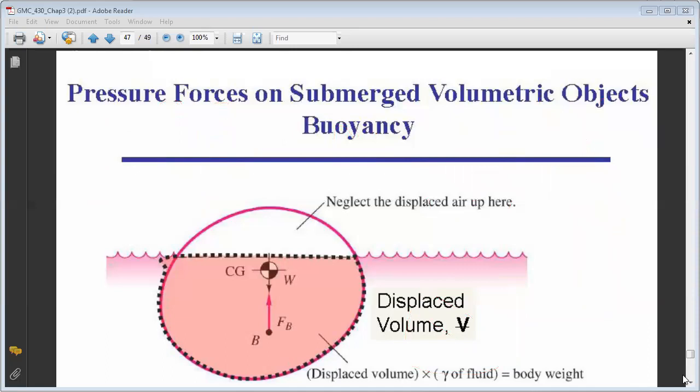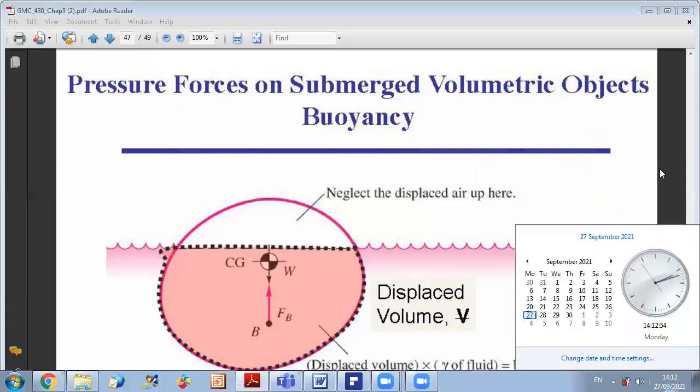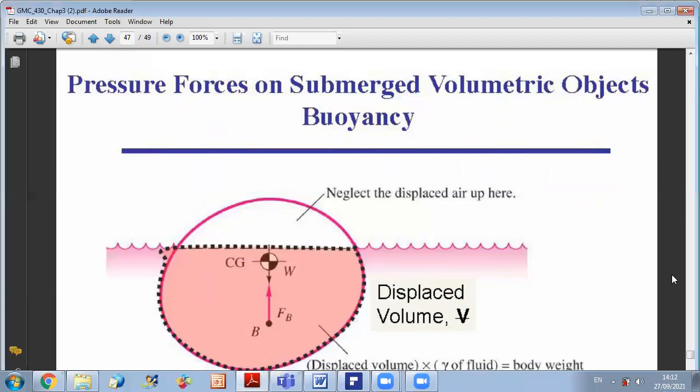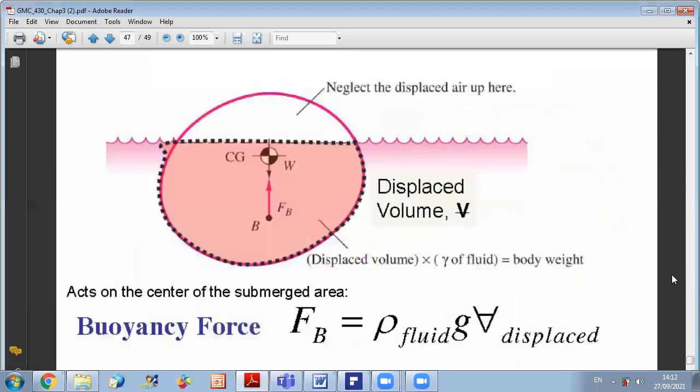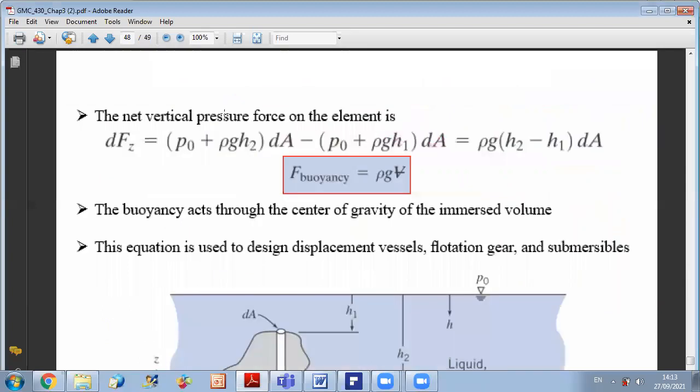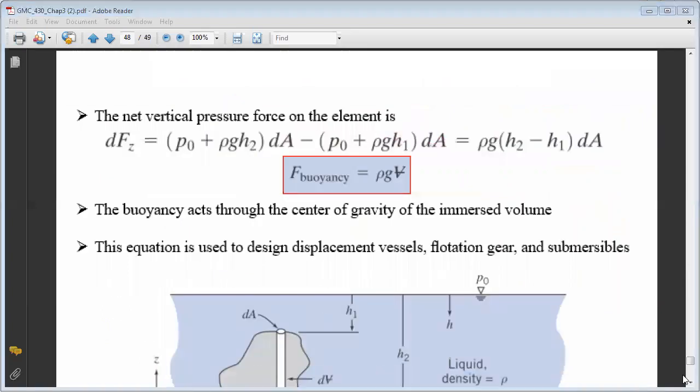Now, how can we demonstrate that the buoyancy force is equivalent to the weight of the displaced volume? Again, same concept. Here, for example, in the following slide, let us consider a certain small element of interest.